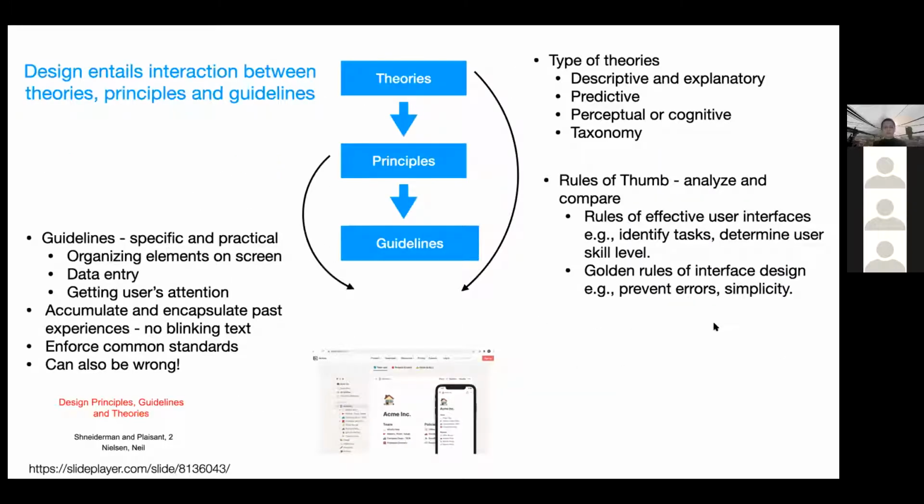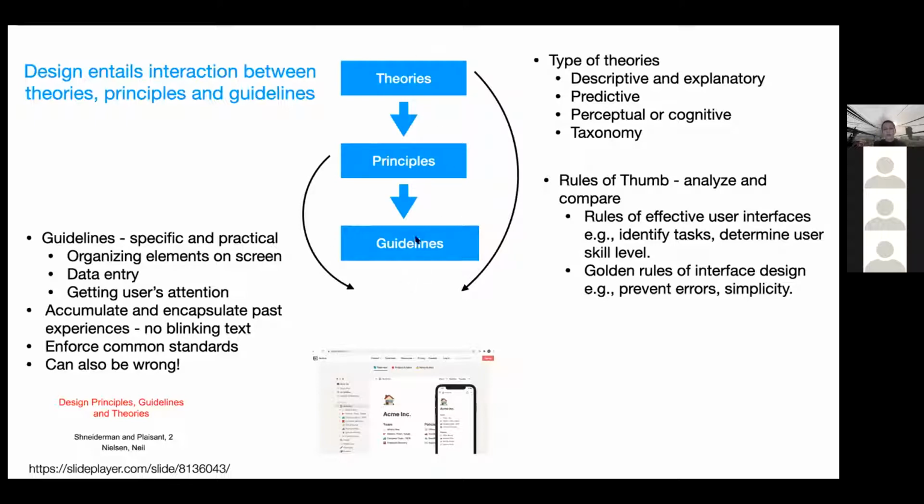All right. So, broadly speaking, in the context of web or app design, and I'm just going to say app design, just so I don't keep repeating web or app over and over, it essentially entails interaction between three main elements. There are design theories, there are principles, and then there are guidelines.